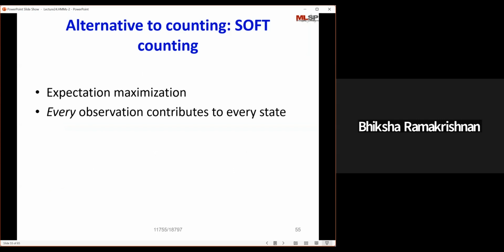Instead of saying, I'm going to just choose the best state sequence, use that to estimate my model parameters, you say, I'm going to consider all possible state sequences, every state sequence that is permitted by my model topology, but with a probability. And so in this process, every observation is going to contribute to every state.